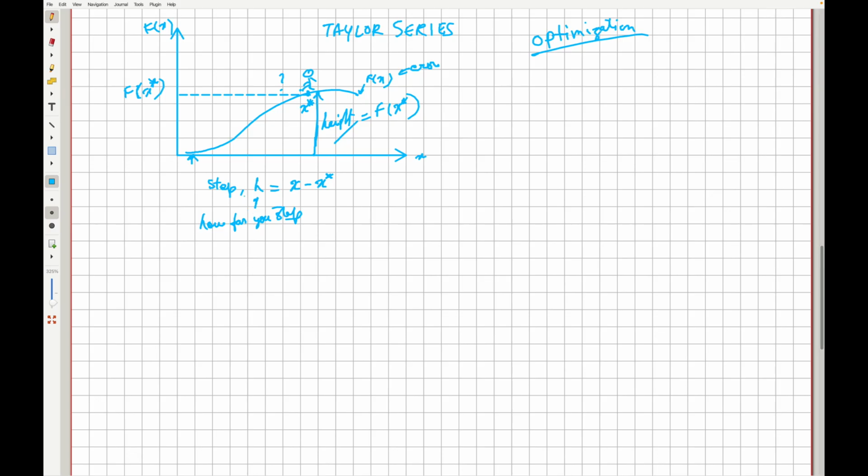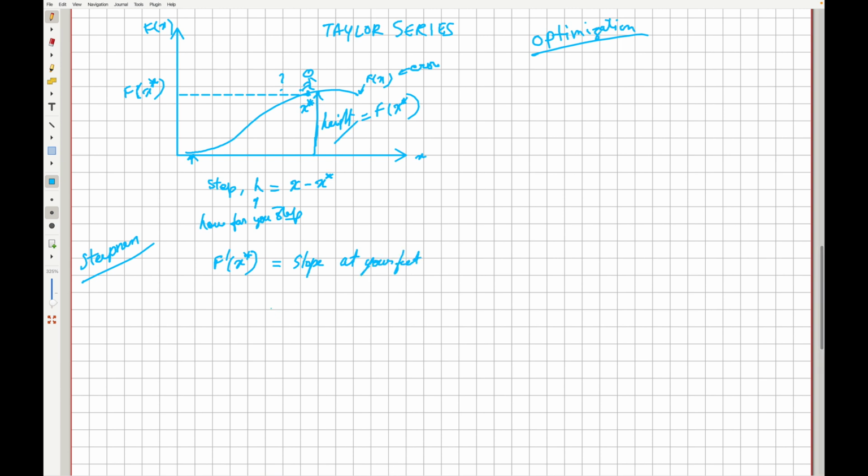So with this in mind, we'll now look at the very first thing we'll feel on the hill, which is steepness. And mathematically, f prime of x star, which is the first derivative at x star, gives us the slope at our feet.